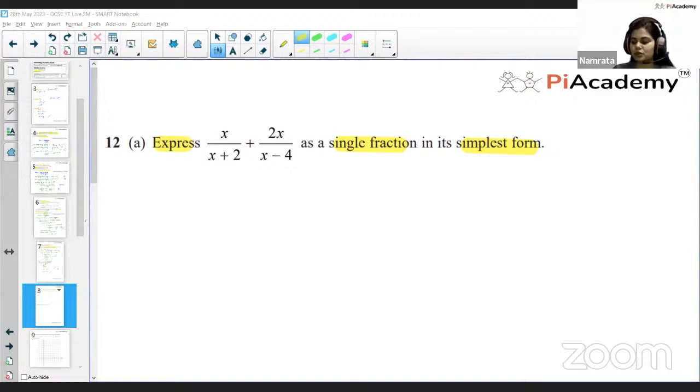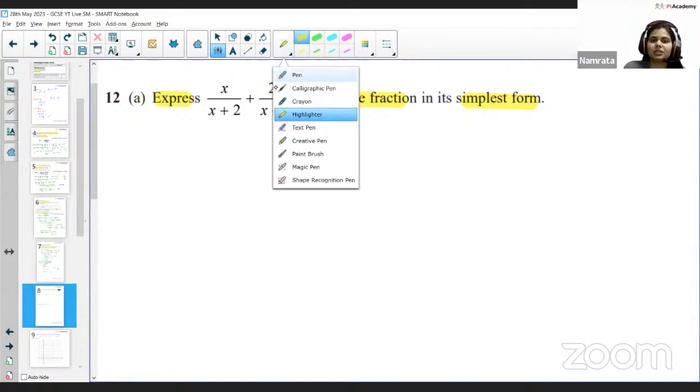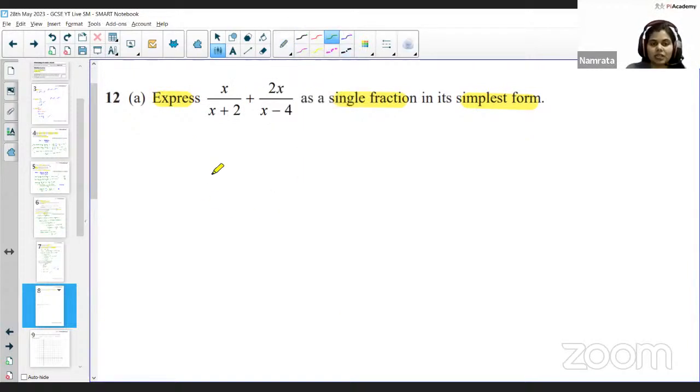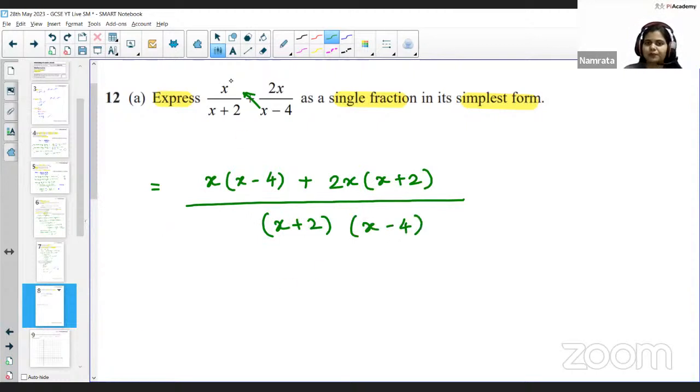Okay. So moving on to the solution part of this question. If you observe, we have different denominators. So accordingly, we'll have to first make the denominator common. So we'll cross multiply. That makes it x times x minus 4 plus 2x times x plus 2 over x plus 2 times x minus 4.